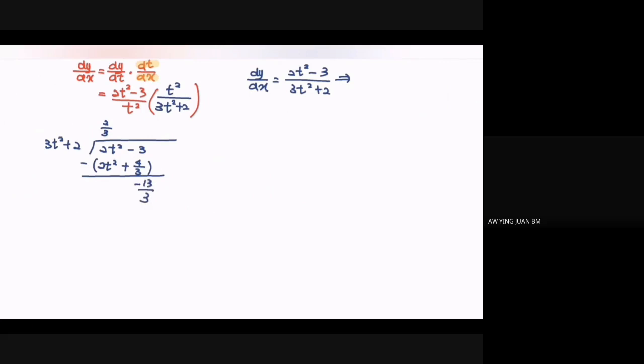So finally, the dy/dx will be equals to 2 over 3 minus 13 over 3 bracket 1 over 3t squared plus 2. So rewrite the situation. dy/dx equals to 2 over 3 minus 13 over 3 bracket 1 over (3t squared plus 2).